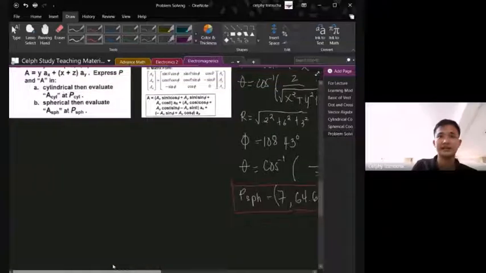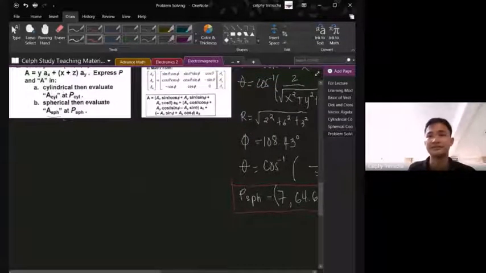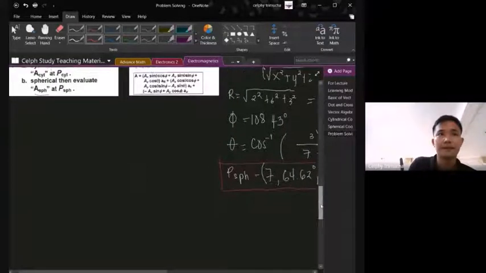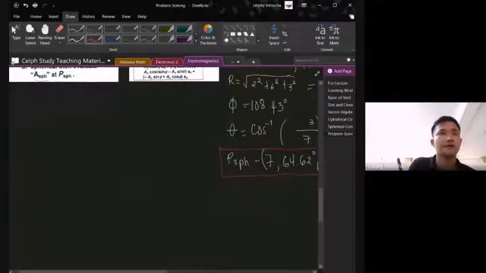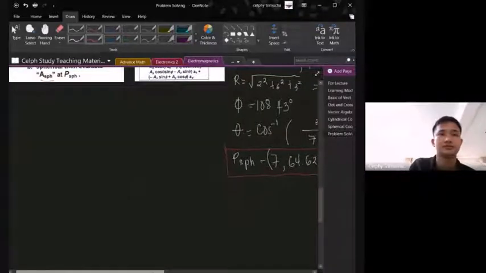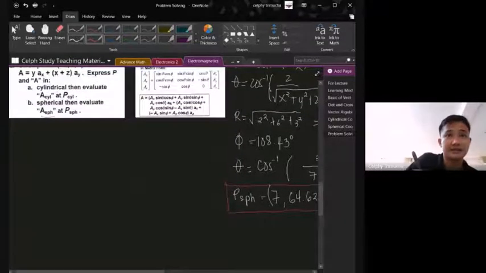Okay, isa na lang natin ang kinahanglan kwaon is your A nga spherical. A nga spherical value will be okay, so diretso na lang kita. We have gamiton na lang ni naton nga equation.